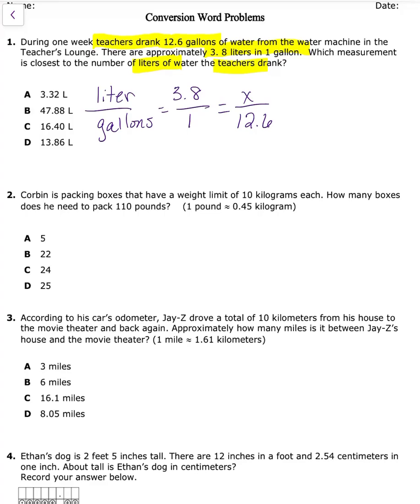So I'm looking right here and I'm saying, look at that. 1 times 12.6 is going to give me 12.6. So whatever I do to the bottom, I have to do to the top. So 12.6 times 3.8.